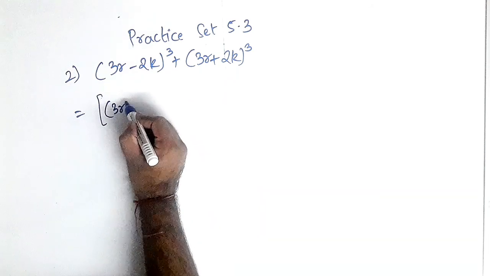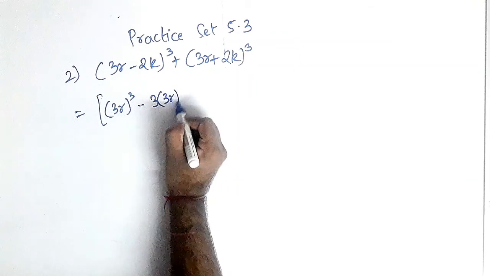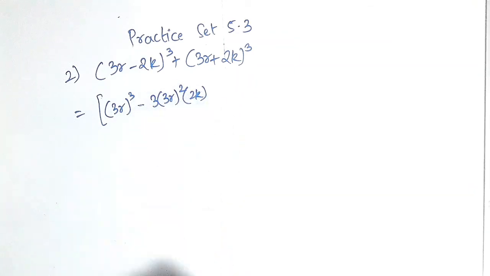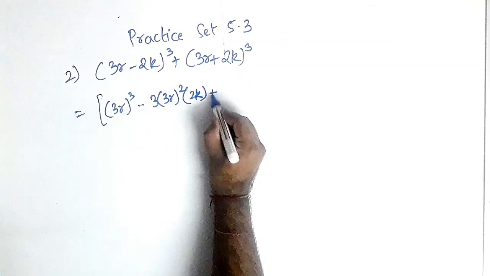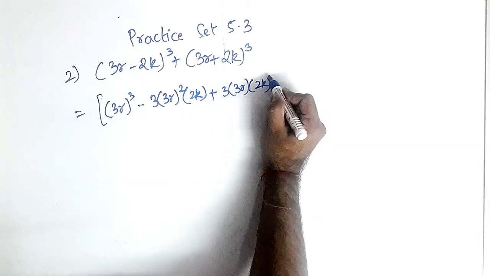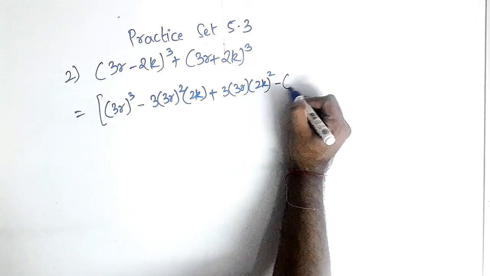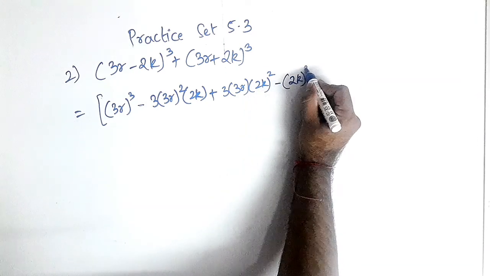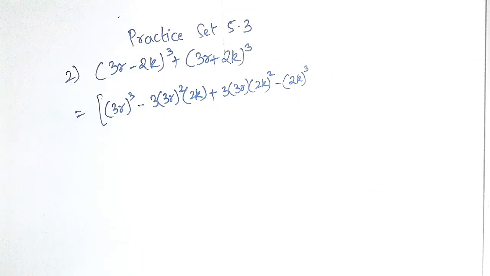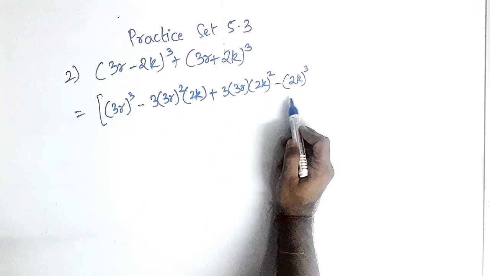So I'll write a cube minus 3a square b, plus 3ab square, minus b cube.